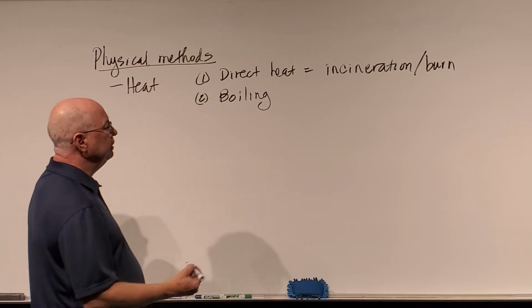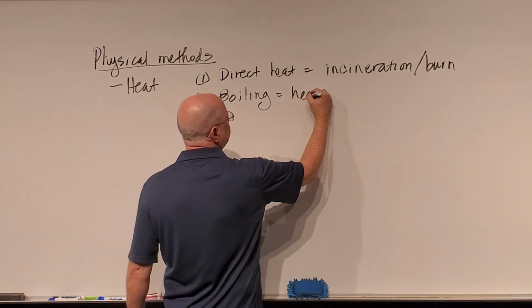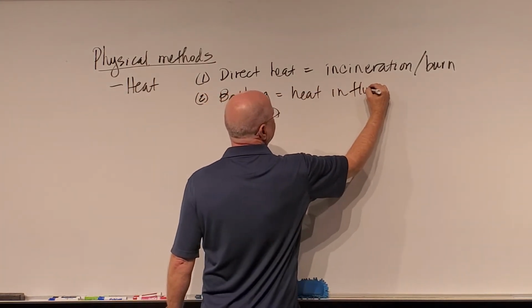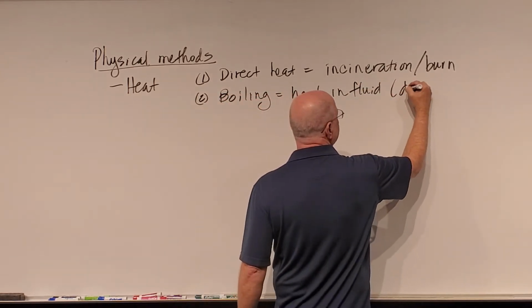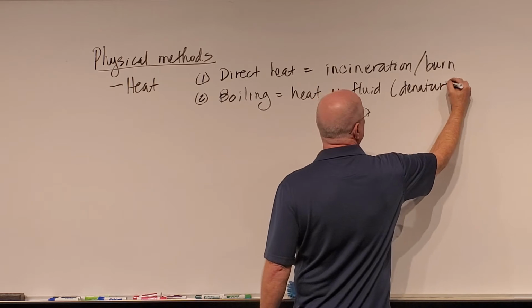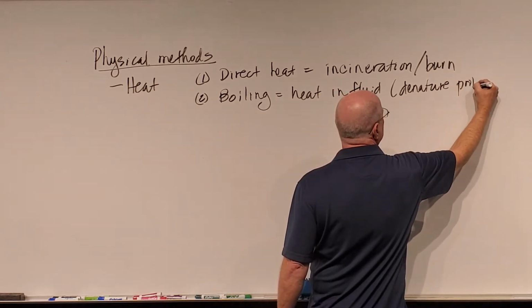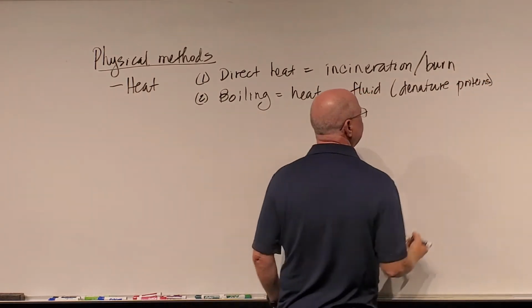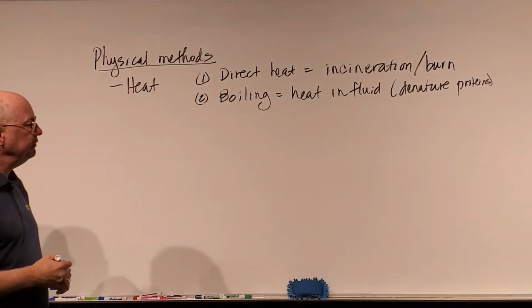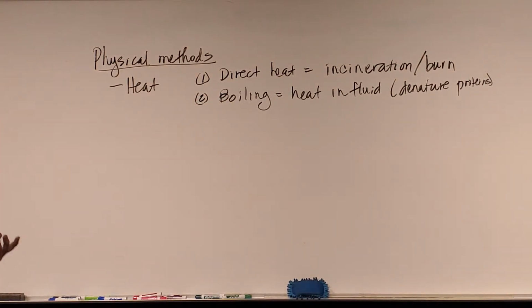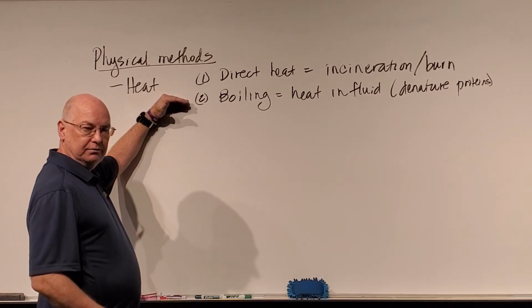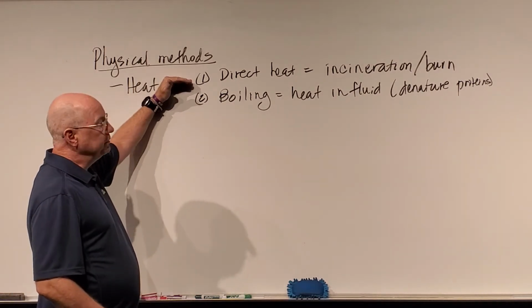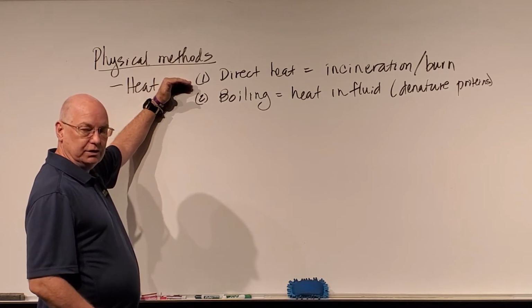So in boiling, we simply heat in fluid, right? And if I heat the fluid high enough to boil, those temperatures are going to be high enough to do a lot of denaturation. We can denature proteins and enzymes, disrupt DNA function. And so boiling is really, really good. Although some organisms can withstand high temperatures, many of them cannot withstand direct heat or incineration.